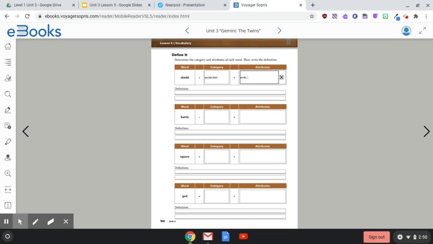What attributes make a shield different from other types of protection? Things like it's wide, you hold it in front of your body, and it's made from durable material.